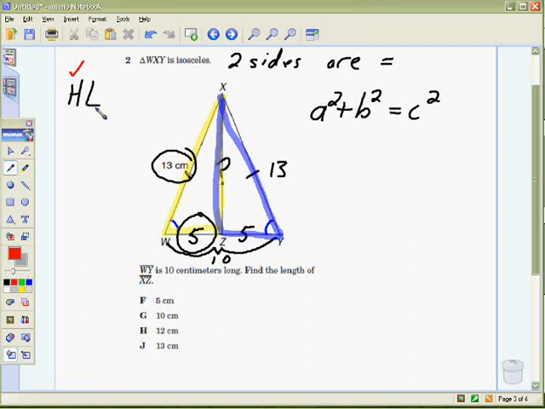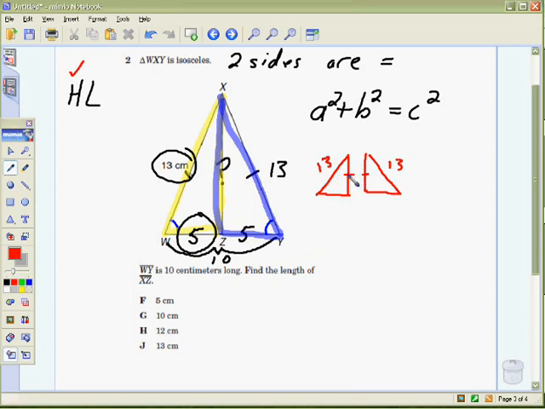Now let's look at the legs. I have two legs. I've got this leg that they share, and I have these two legs over here. Right now, I don't know anything about these two legs, but I do know something about this leg. If I took those two triangles and split them up, these would still be 13, my hypotenuses, and these sides would be the same by the reflexive property because they're the same piece.